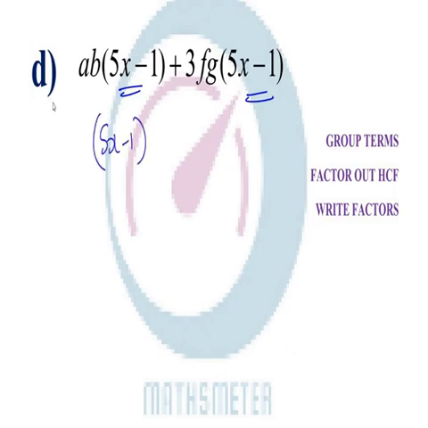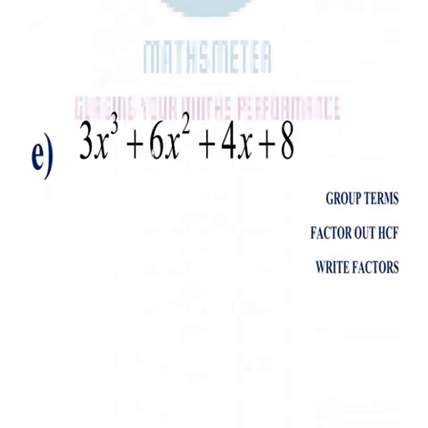Hence, the other factor is going to be AB plus 3FG. Easy, easy, easy. Why did we do this? We have a common binomial already, so one step was already done for us. So our first easy factor that we could have seen easily was 5x minus 1.